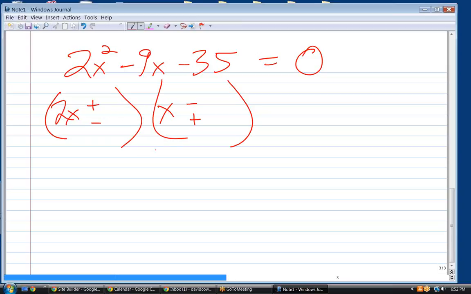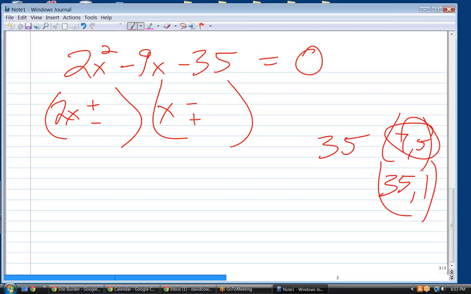I write it like this because I'm going to experiment with factors of 35, putting them here and here, and just go through each one until I get minus 9 in the middle. Don't you start with the lowest numbers usually, so you could do 7 and 5? I start with the numbers that are closest together. When I look at 35, factors are 7 and 5, and the only other ones are 35 and 1.